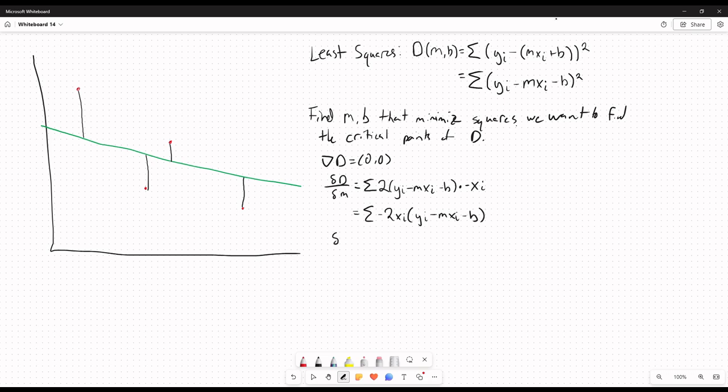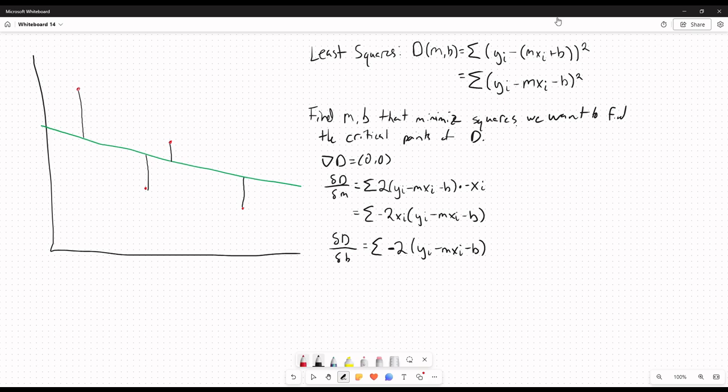Similarly, for the partial with respect to b, we'll use a similar trick. That's going to be the sum of 2 times (yi - mxi - b) times the derivative of the inside with respect to b. That's just -1, so I'll just put a negative sign out there.